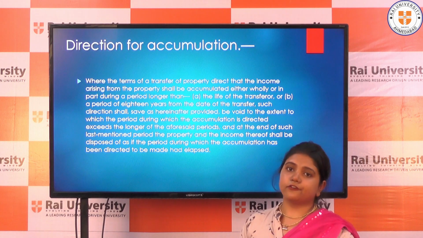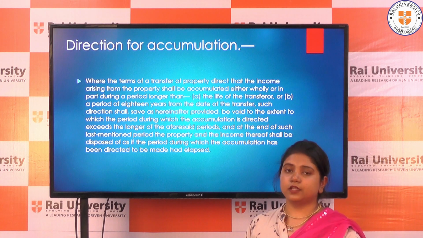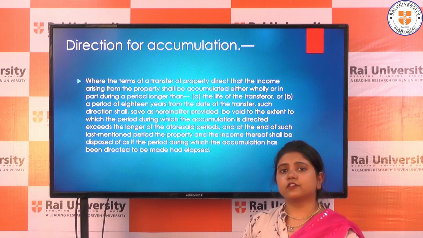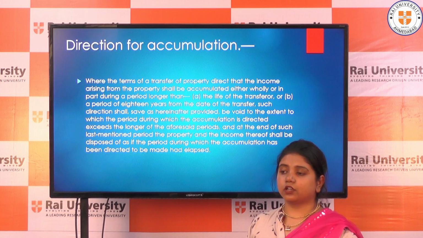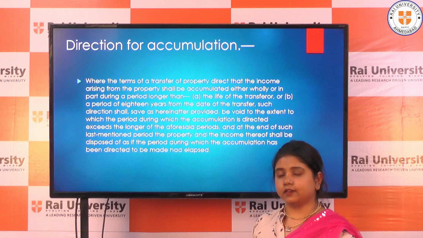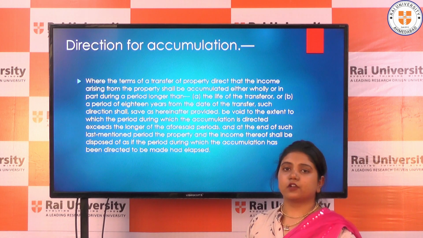For example, if A and B are persons, and A transferred the property on behalf of B, with the direction that for a specific period, for 25 years, you have to accumulate a certain amount of money from this property.